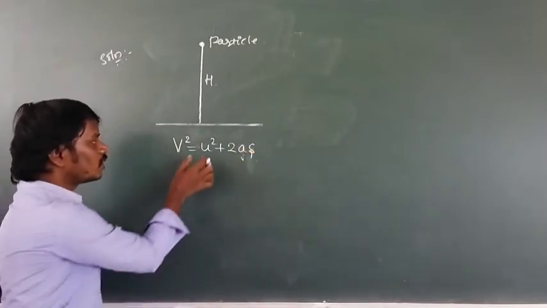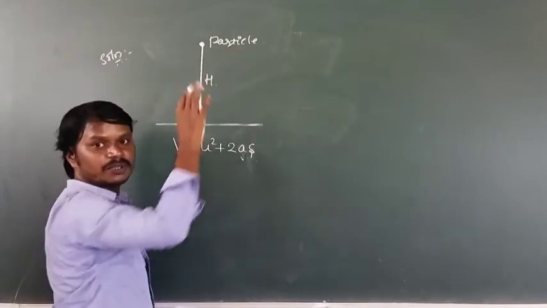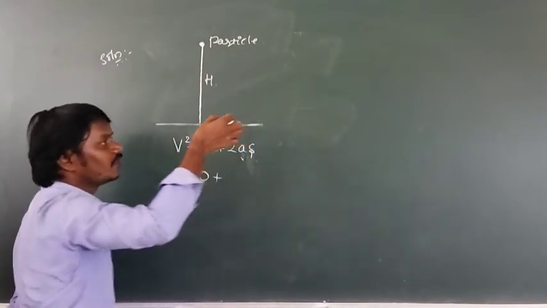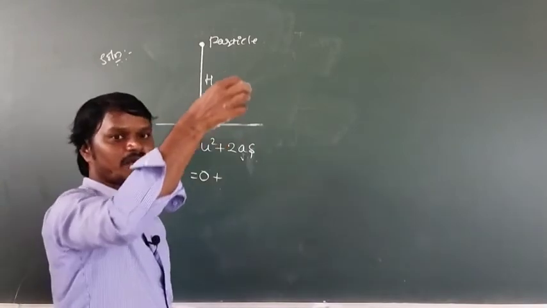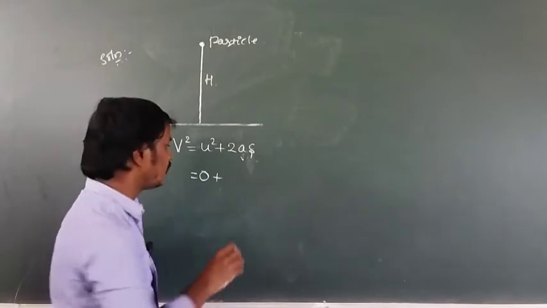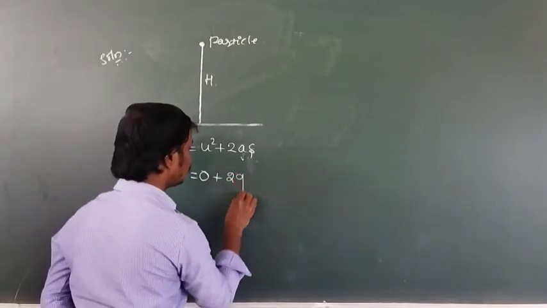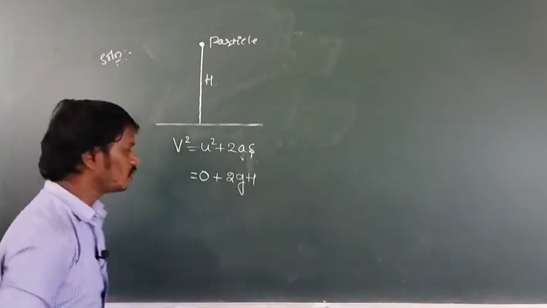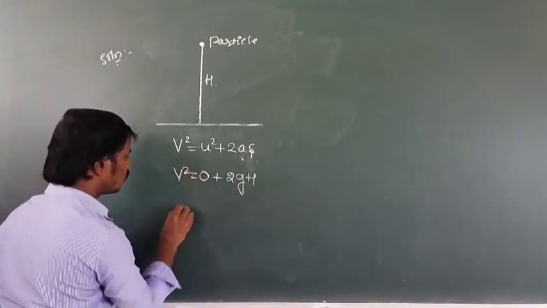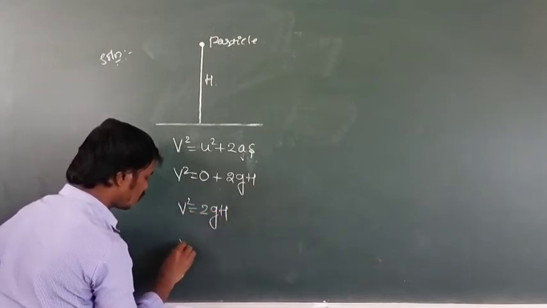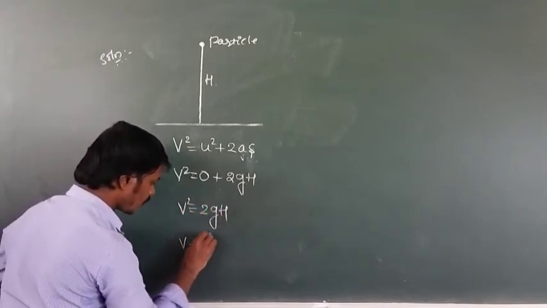Initial velocity of the particle is 0. Then if we drop this particle, it falls under gravity. Then instead of a, I will take acceleration due to gravity, 2 into g, s can be replaced by h. Then v square is equal to 2gh. Then v is equal to square root of 2gh.